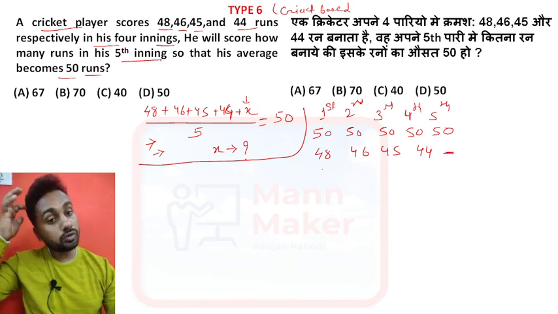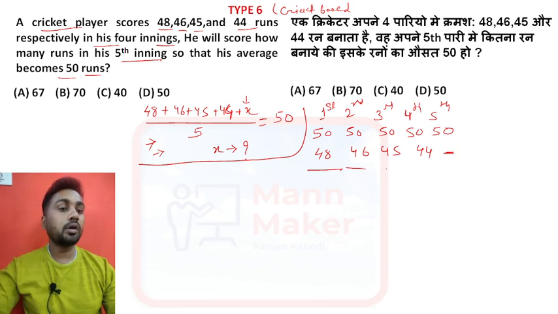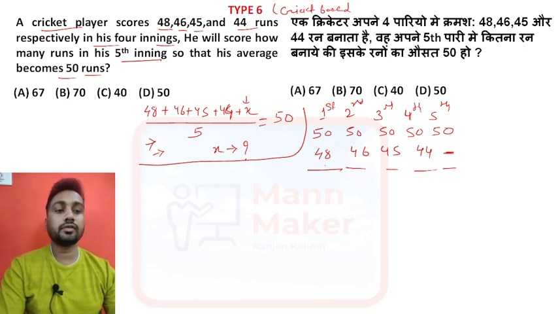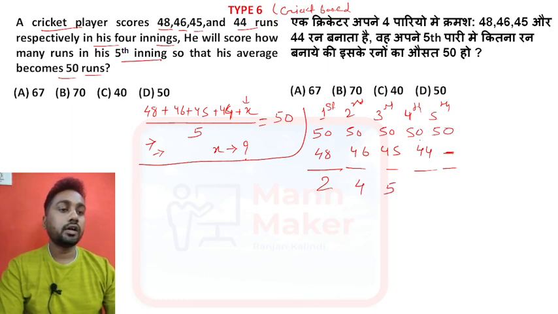Now we take the gap of all these. 50 minus 48 is 2, 50 minus 46 is 4, 50 minus 45 is 5, and 50 minus 44 is 6. And 50 minus the unknown is 0, so it is 50 only.